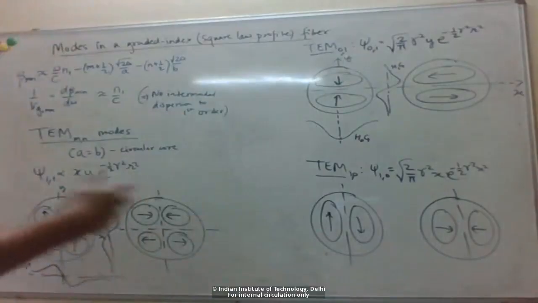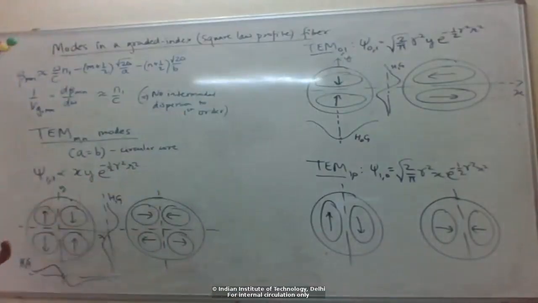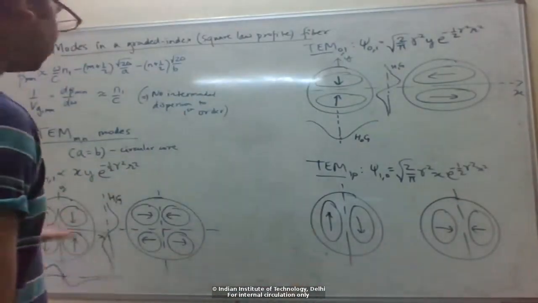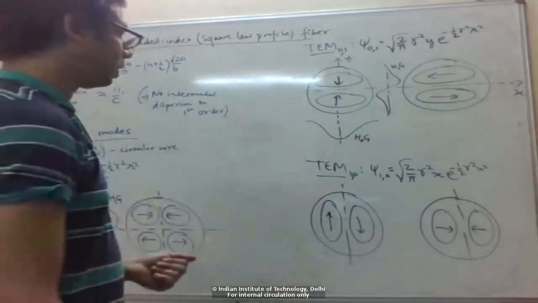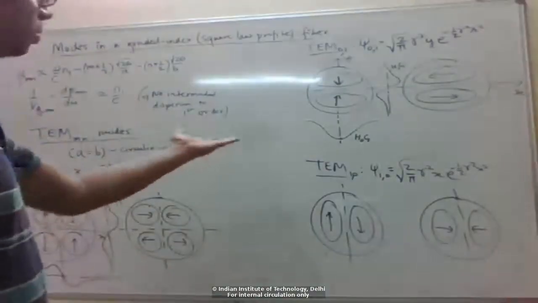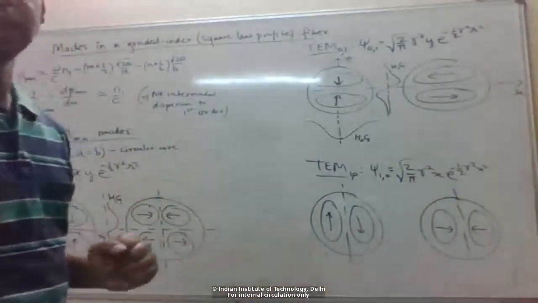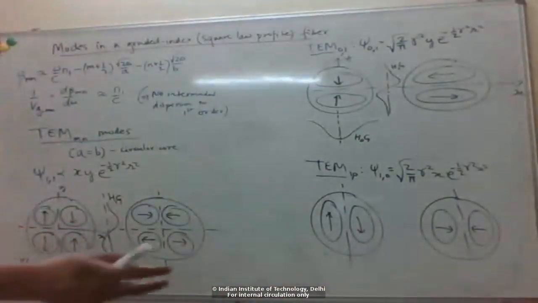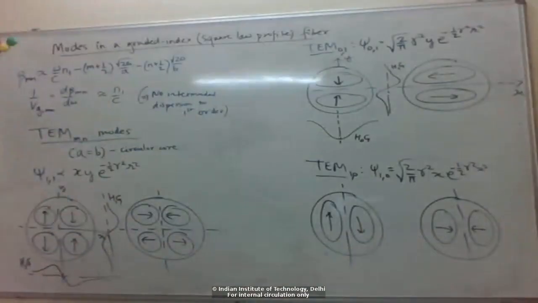So basically, you should be able to write, for example, the LP modes as a superposition of degenerate TEM modes, or equivalently TEM modes as some superposition of degenerate LP modes, because both are equivalent. So we'll see how it comes about. Yeah, so we'll do that next time. Any questions?